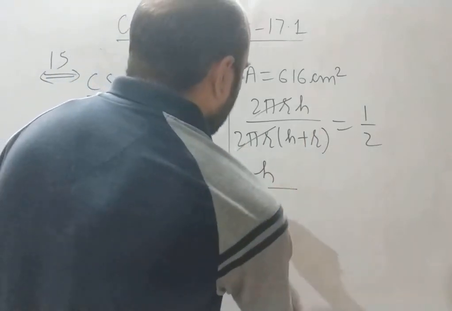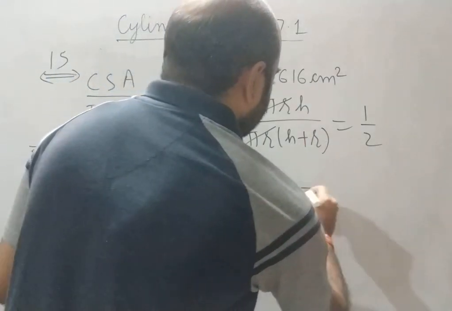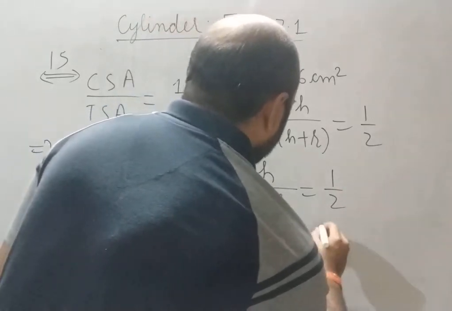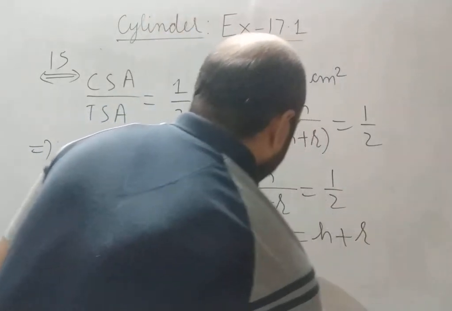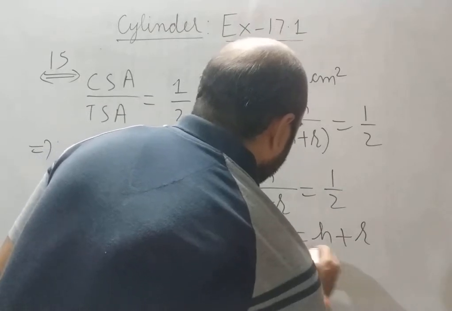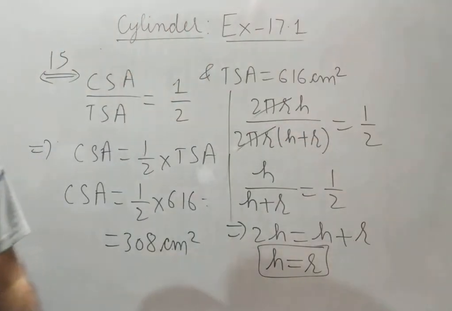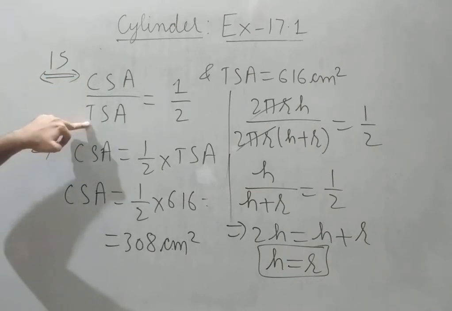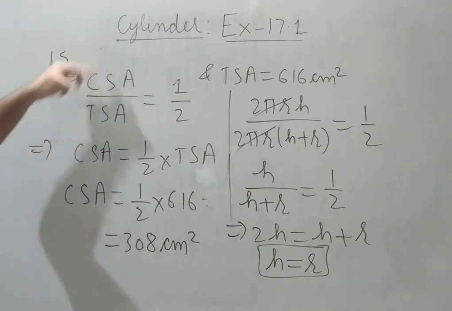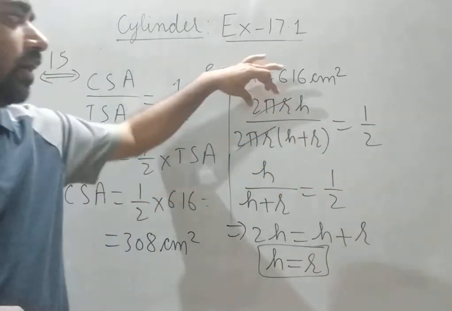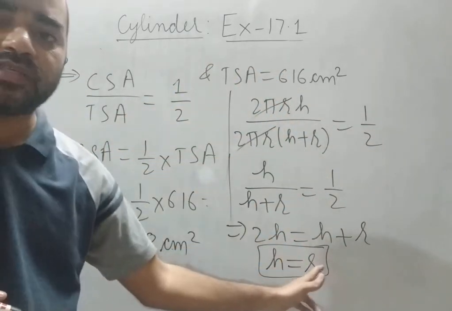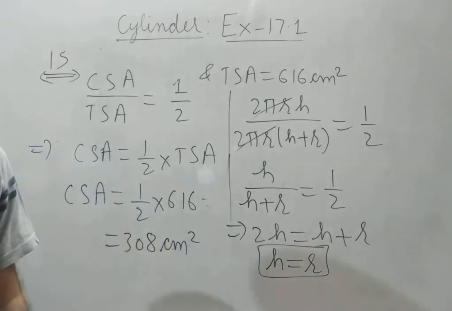H upon H plus R is equal to 1 by 2. It means 2H is equal to H plus R. Finally, H is equal to R.